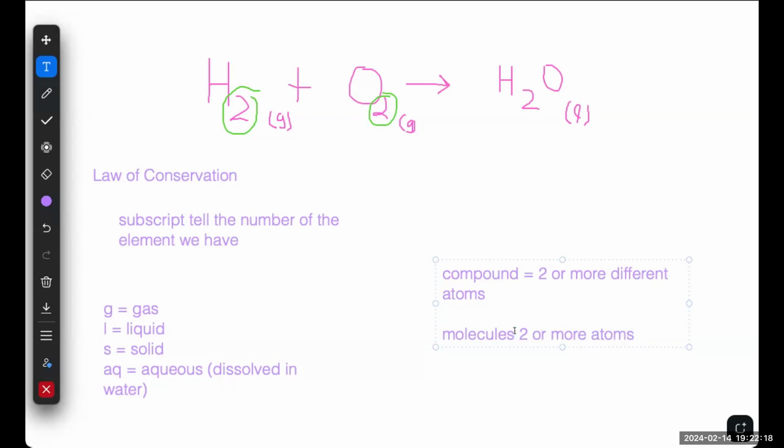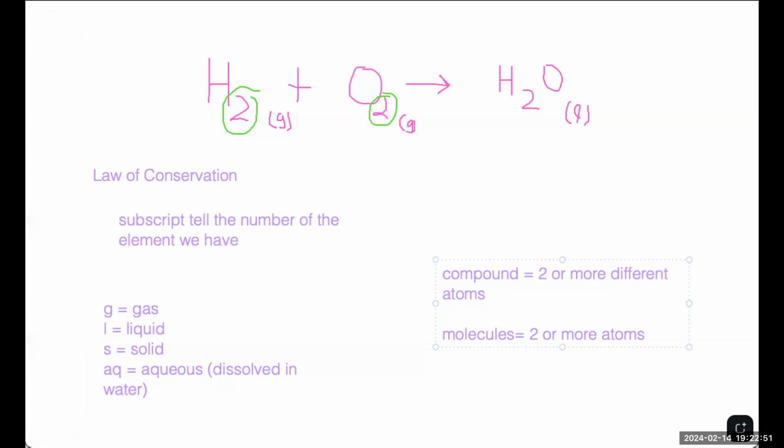So water is a compound. Oxygen gas is a molecule because it's composed of two or more atoms. Water is composed of two or more different atoms because it has hydrogen and oxygen. Oxygen gas only has oxygen, but there are two of them, so it's a molecule, and water is a compound. Are you clear on that?